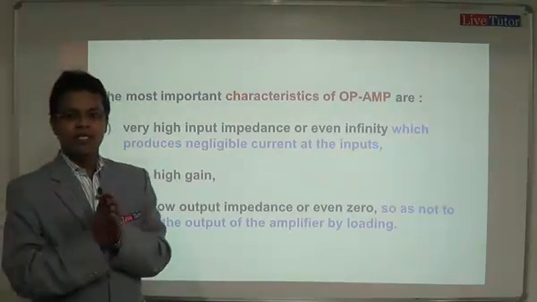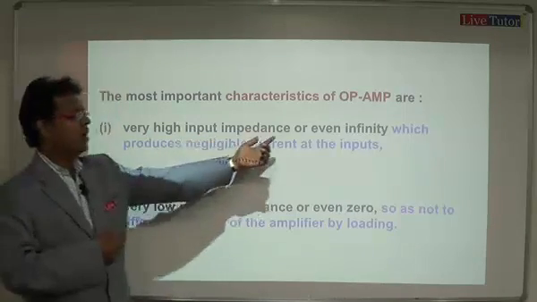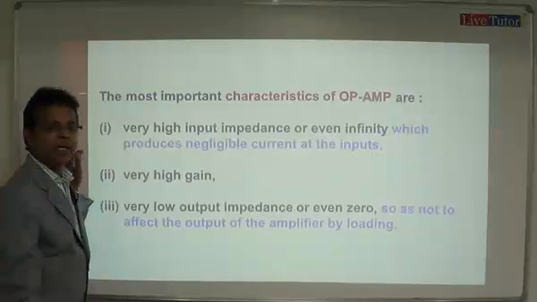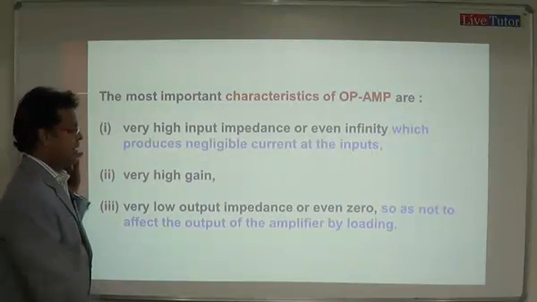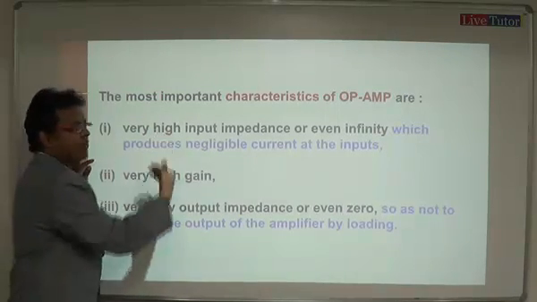Very high in the sense it can even be infinity. You can remember both points: very high input impedance, or even infinity. The second point is very high gain. The third one is the opposite of the first one.